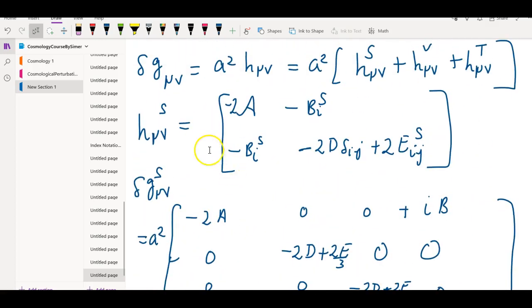They are three separate tensors, and in the evolution of delta G mu nu, these three modes evolve independently.